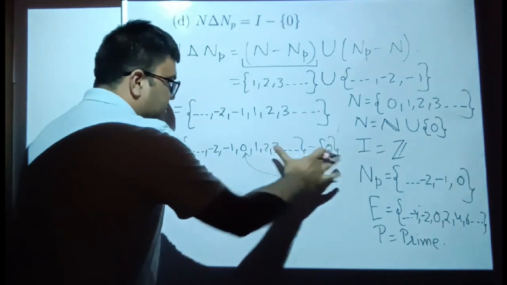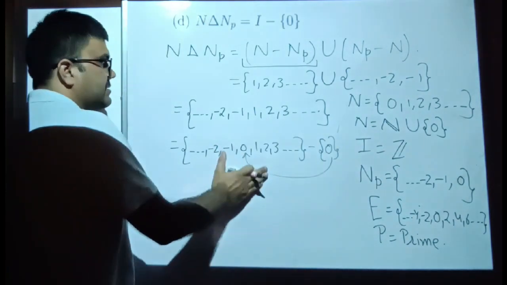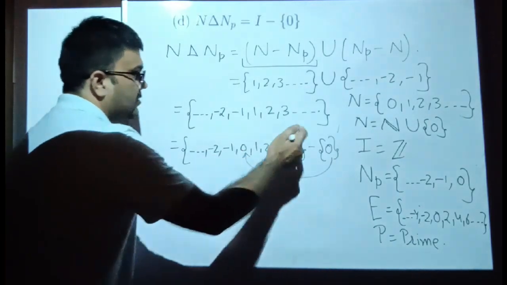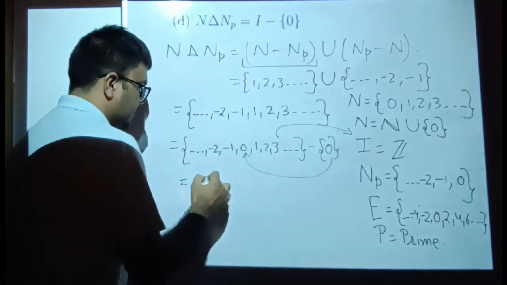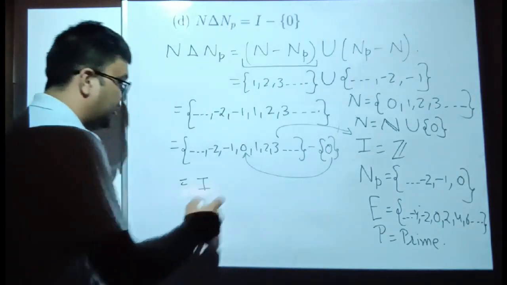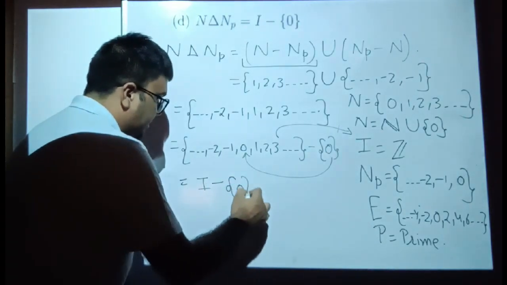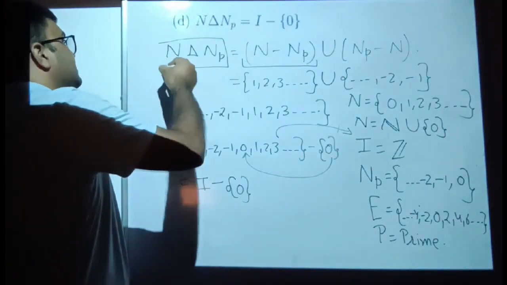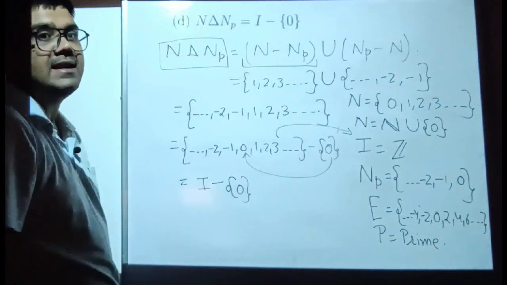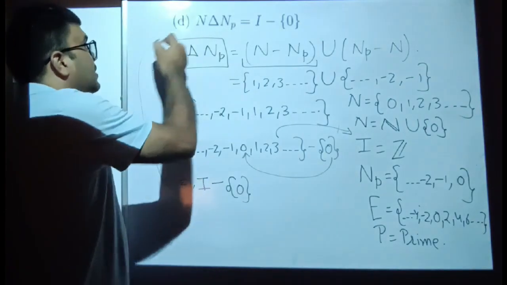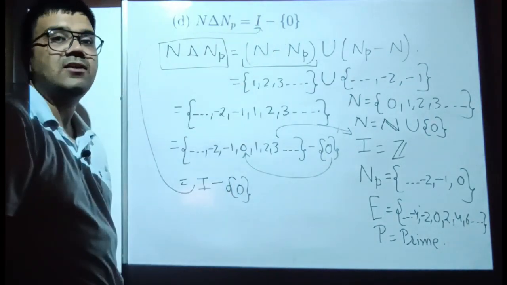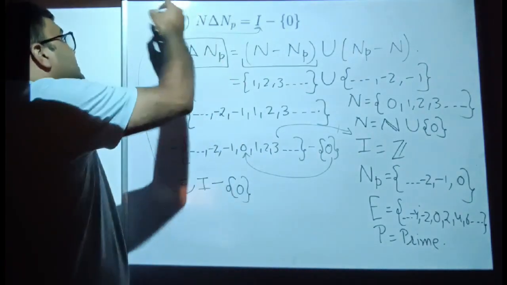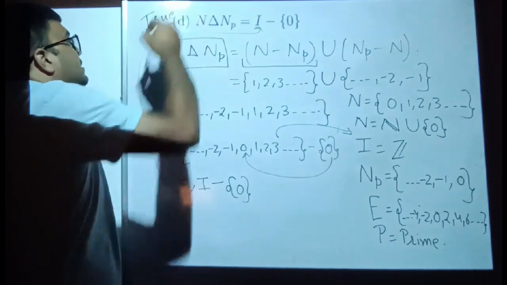If I write minus {0}, it means I am removing the element 0. This is the set of all integers I with the element 0 removed. So the symmetric difference of N and NP is equal to the set of integers except for the number 0. So this statement is true.